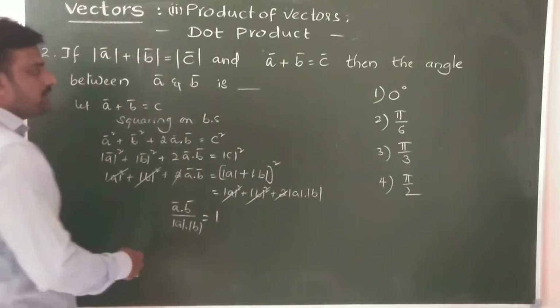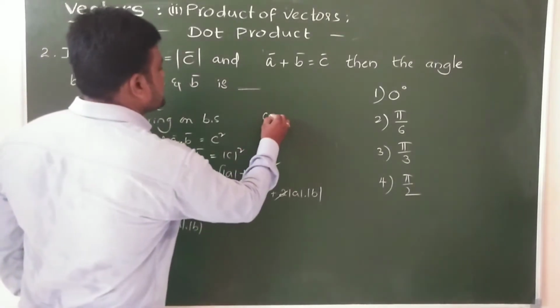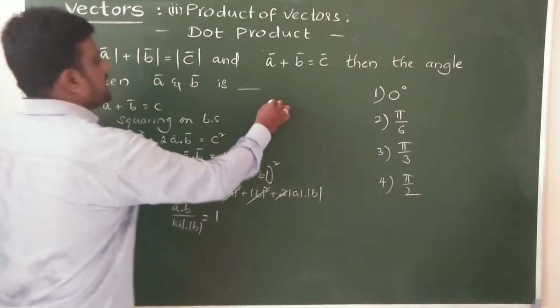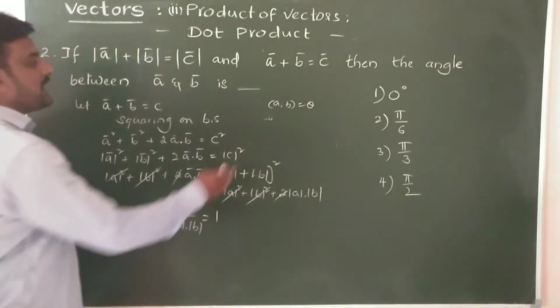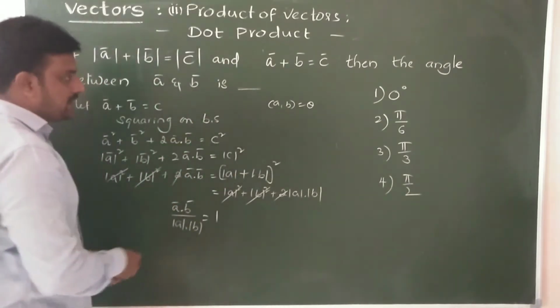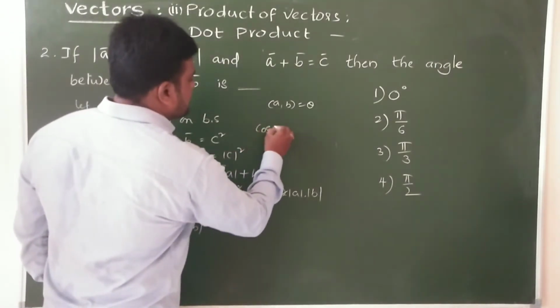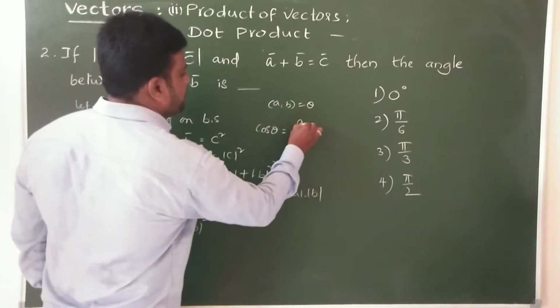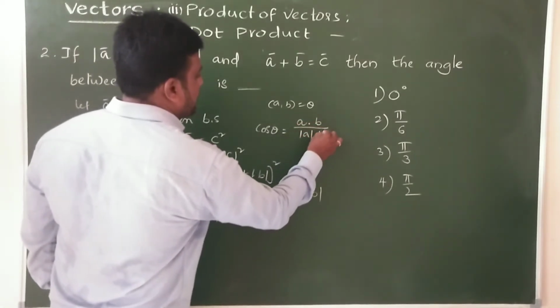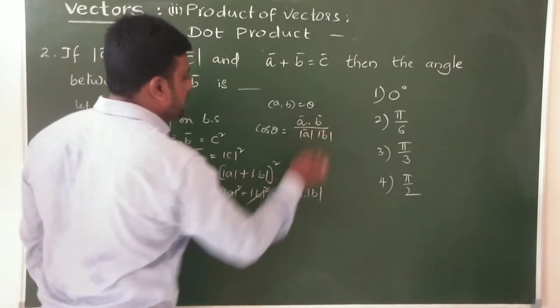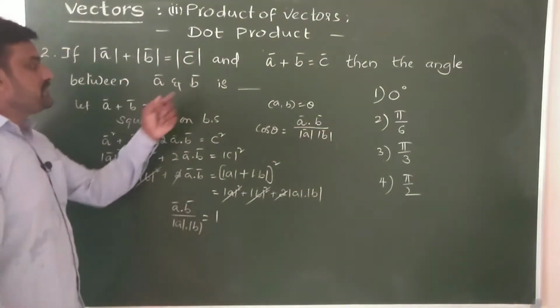Our formula is: if the angle between A and B is theta, then cos theta equals A dot B by mod A mod B, the angle between two vectors.